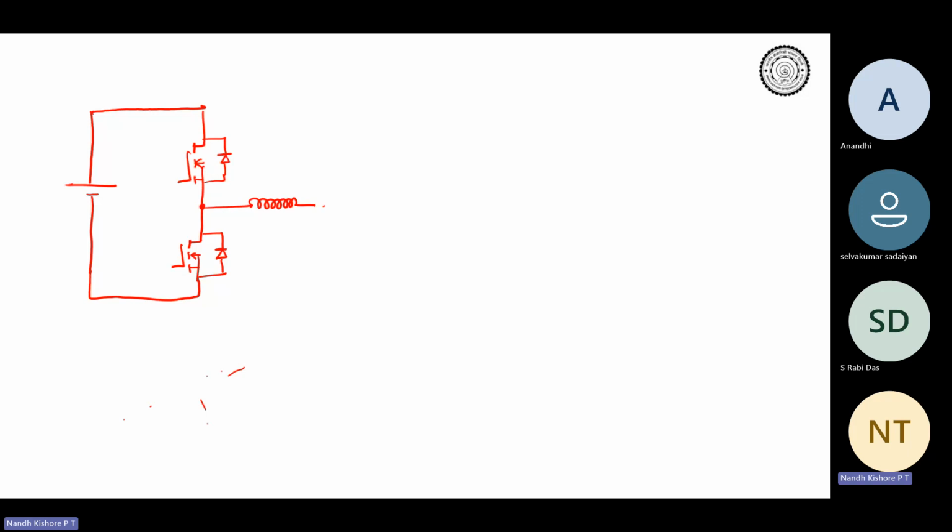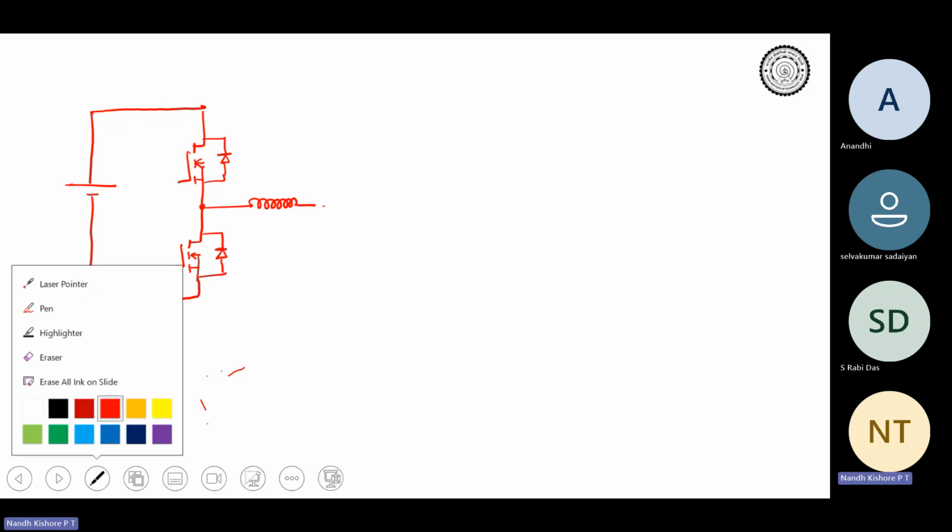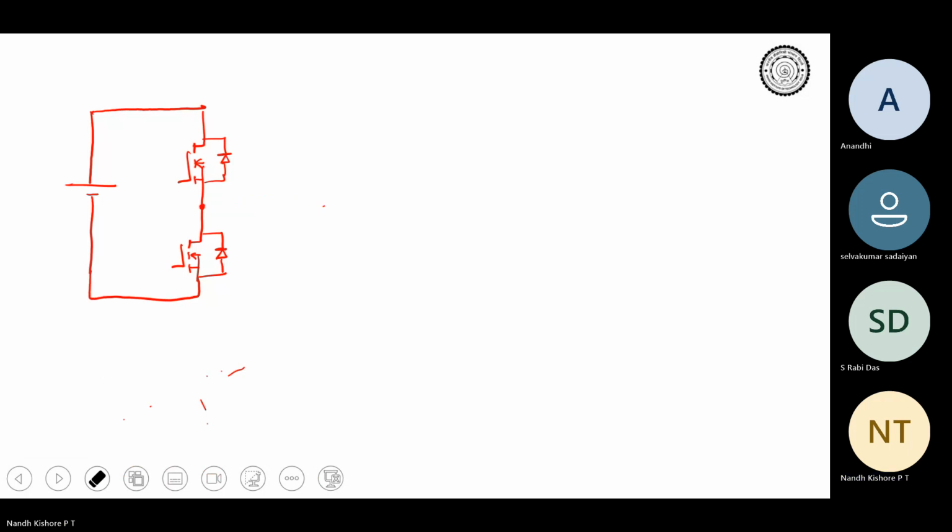So this is your buck converter. Or let's say this is your double pulse test circuit. Okay, simplicity. Either a double pulse test circuit or a buck converter will do, anything is fine.